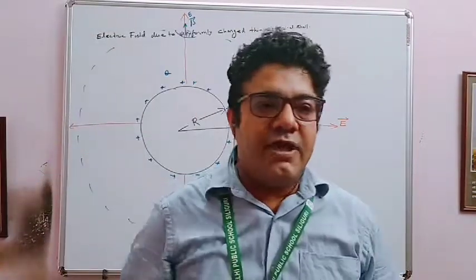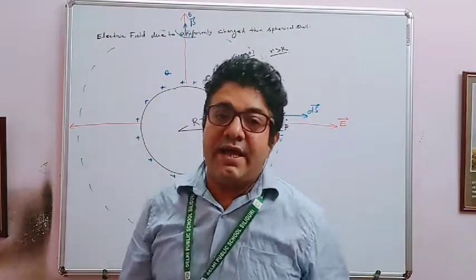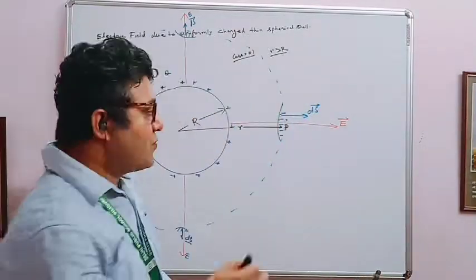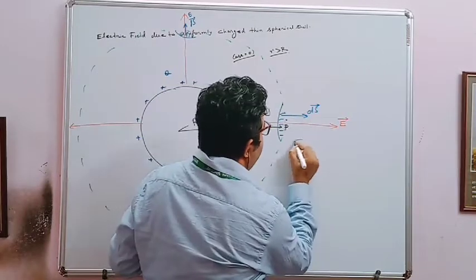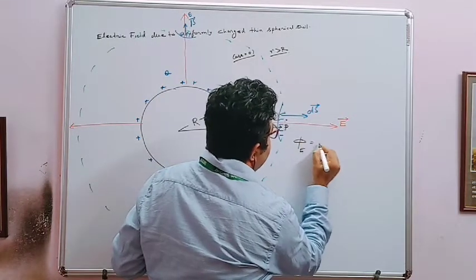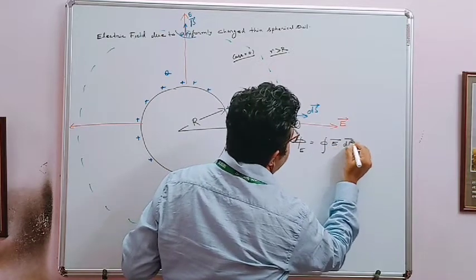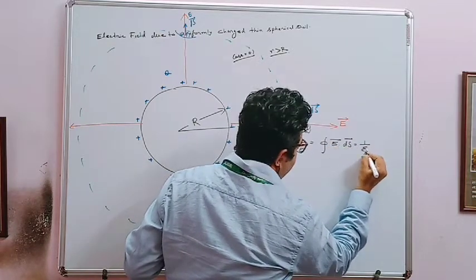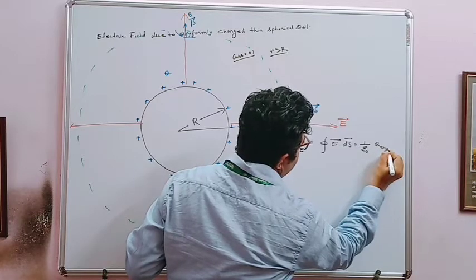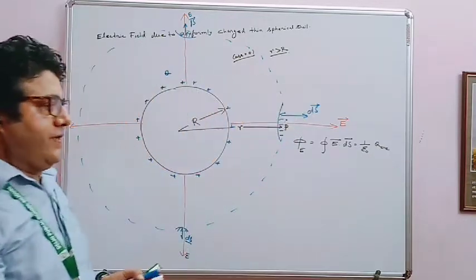Now from the definition of electric flux and Gauss's theorem, what can we write? We can write electric flux, that is equal to integration of E dot dS, that is equal to 1 by epsilon naught times the charge enclosed by the surface.